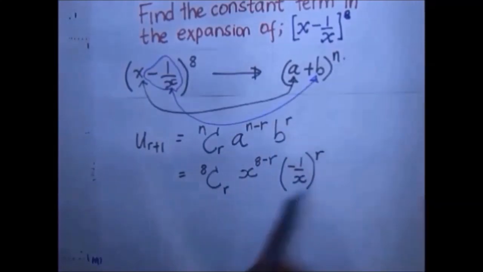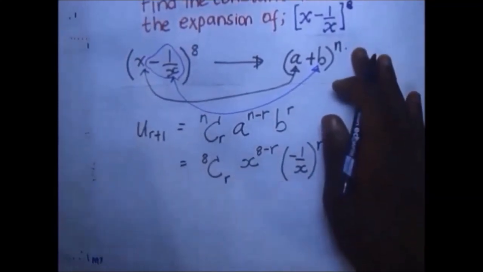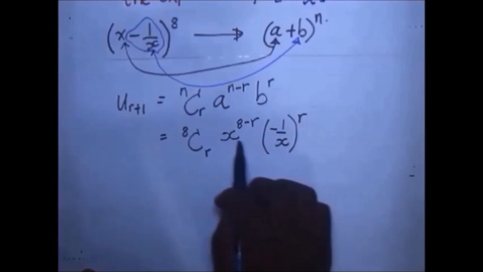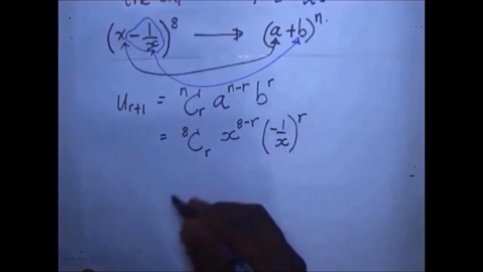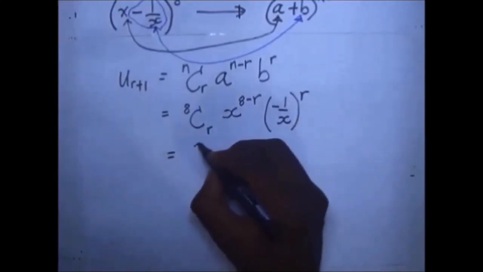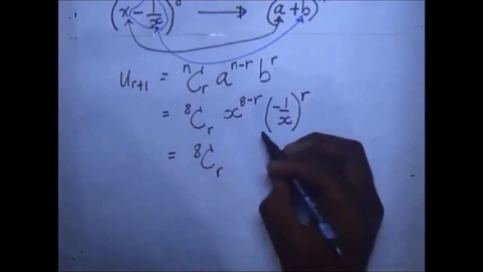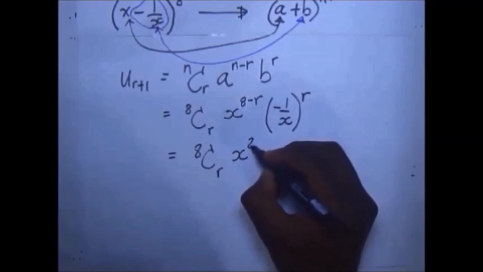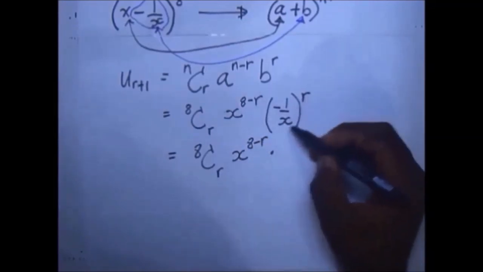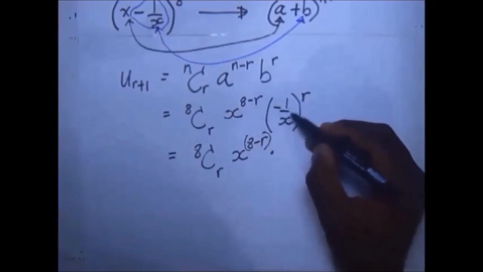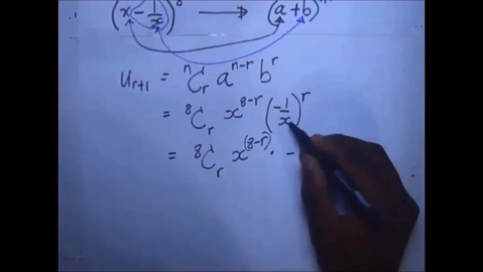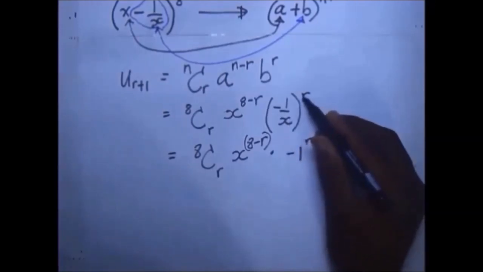Okay, so now in this expression we work towards making sure that the x's are put together. So we continue. This is going to be 8 combination r times x to the power 8 minus r, multiplied by negative 1 to the power r times x to the power negative r.